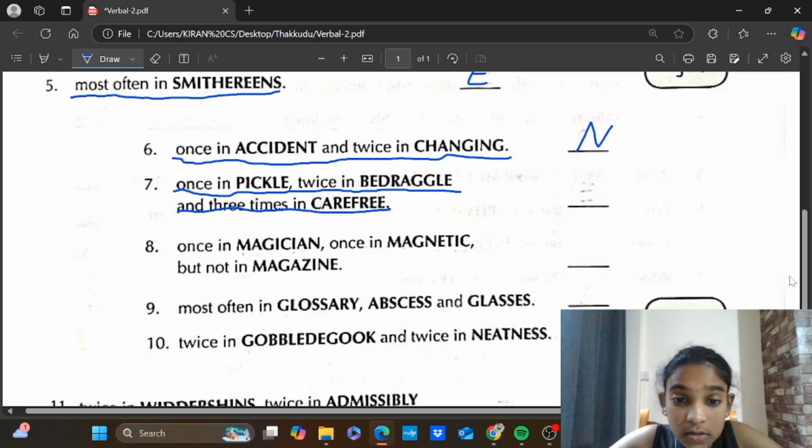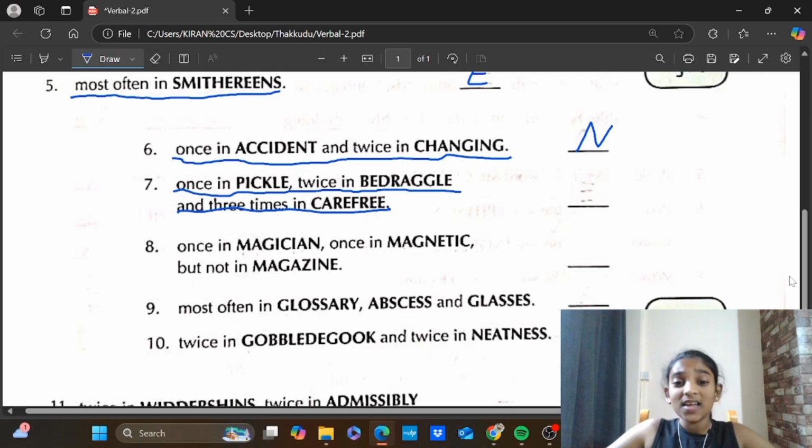It comes once. It doesn't come twice in the second word, but it comes once in the third word. But we need twice and 3 times. What about K? It comes once. It doesn't come twice or 3 times. What about L? It comes once in the first word.